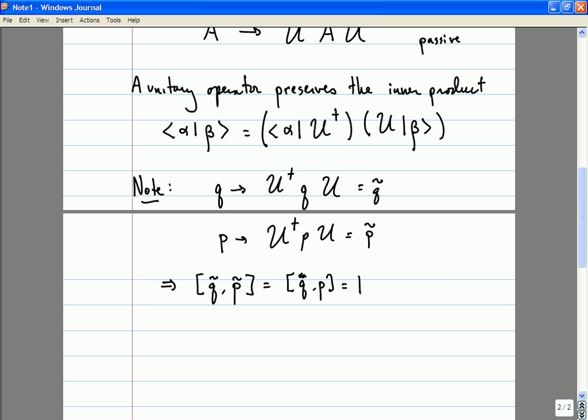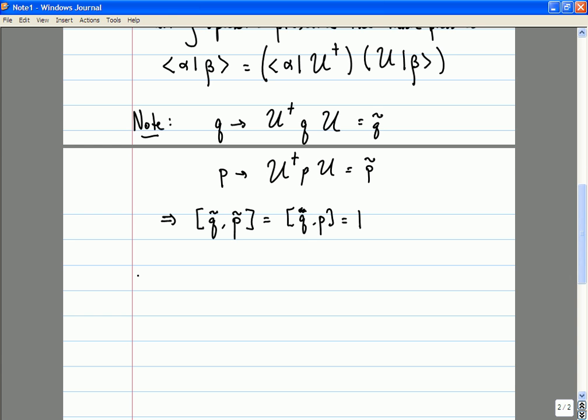If that's not clear, just write it out, and you'll see that every time you have a U there is a U dagger sitting next to it, and so when you plug in the fact that Q and P commute to 1, you'll see that Q tilde and P tilde commute to 1. So this is the analog of the statement that you have some sort of transformation that preserves the fundamental Poisson bracket. Okay.